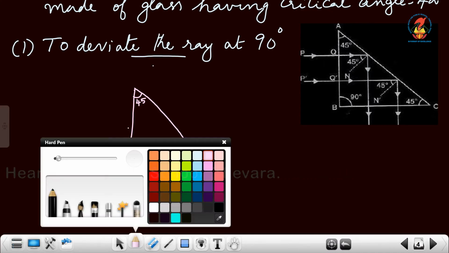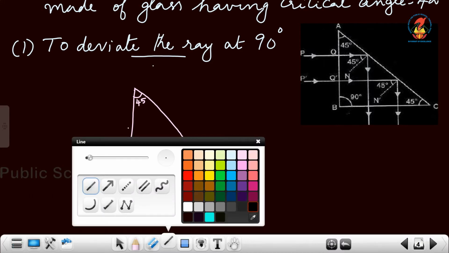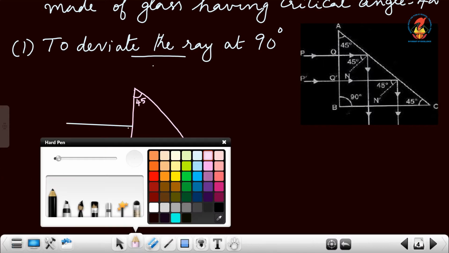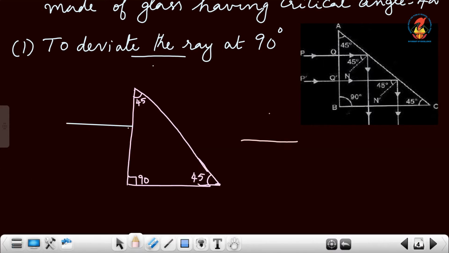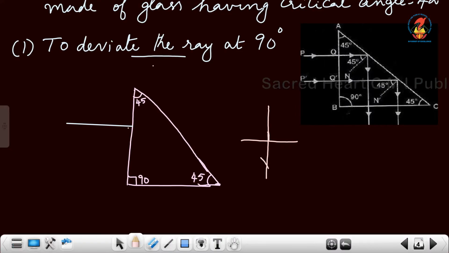Now, whenever a ray of light hits the surface normally, what happens? There won't be any deviation in the path of the ray. There won't be any refraction, and the ray will travel along the same path.